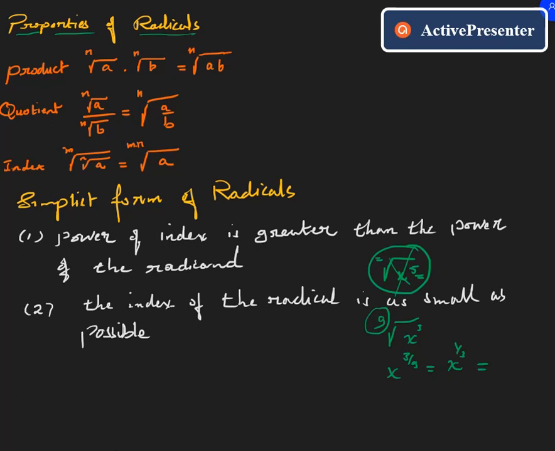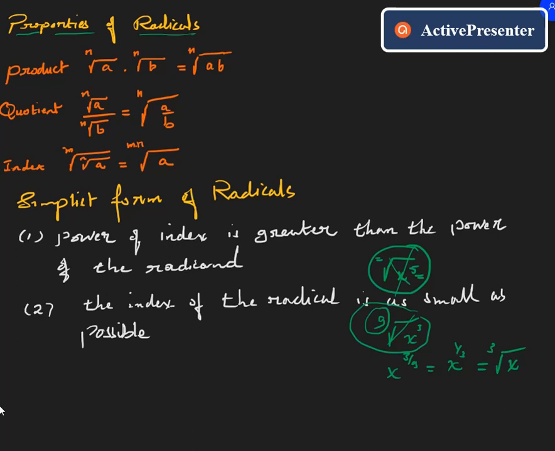So the simplest form is the cubic root of x. Here the original is not in the simplest form, where the index of the radical is as small as possible.